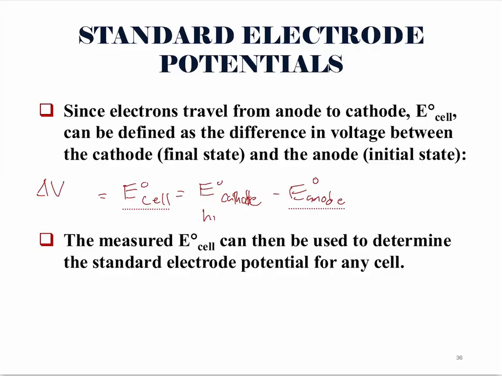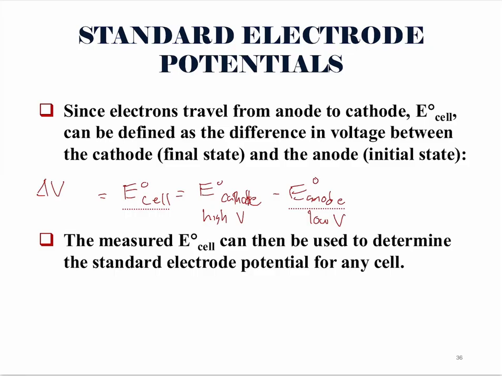So this is our high potential, high V, and this is our low V. Again, we don't have an absolute value for the voltage. These are the relative differences from our standard electrode, and we can use this to determine the potential for any cell.